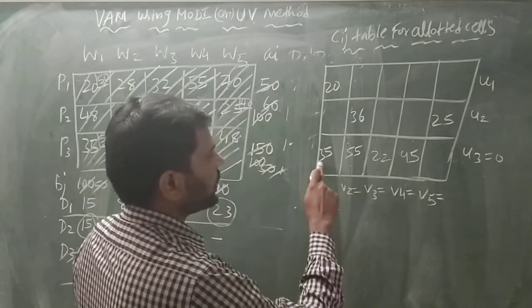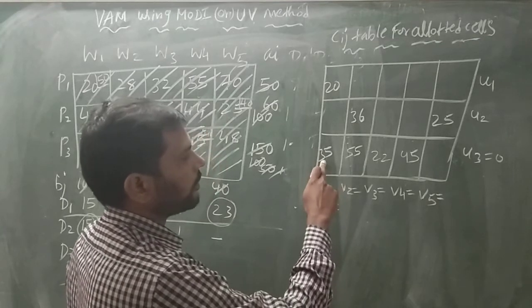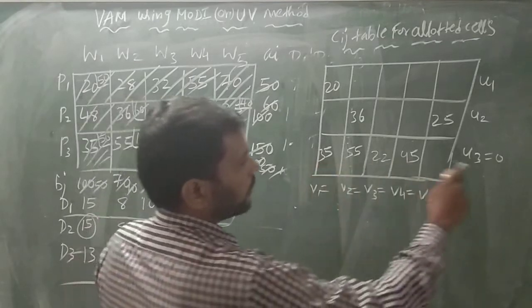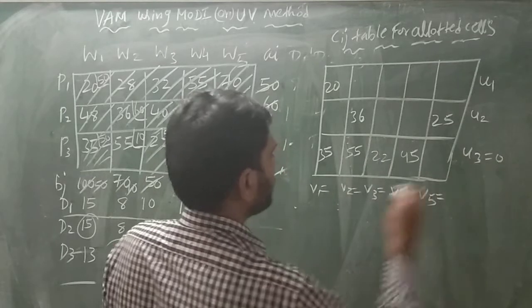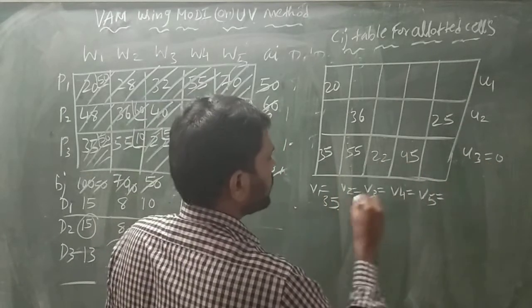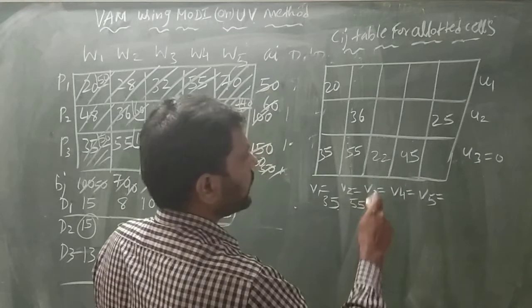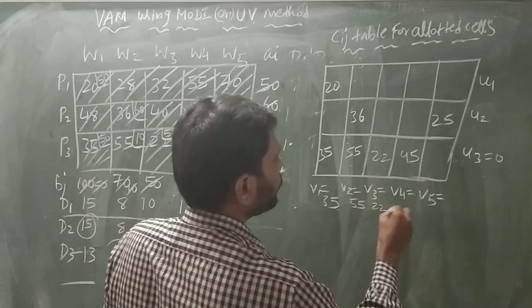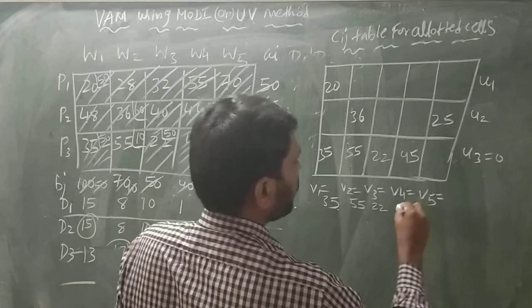So V1 is 35 in this table, 35 minus 0 is 35. V2 is 55 minus 0, which is 55. V3 is 22 minus 0, which is 22. V4 is 45 minus 0, which is 45.